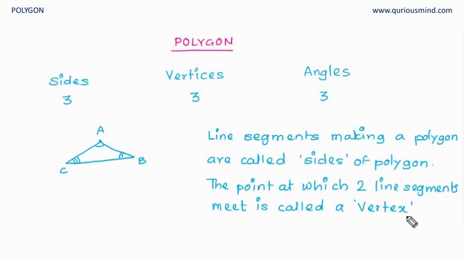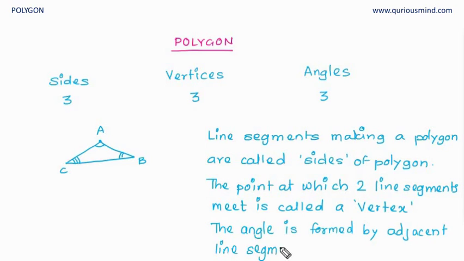Vertex is a singular word, whereas vertices is a plural. And the angles are formed by two adjacent line segments. These two line segments form this angle.